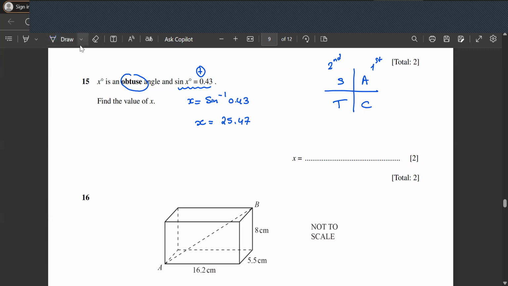In the first one we take the angle itself, and in the second one we do 180 minus the angle we got.